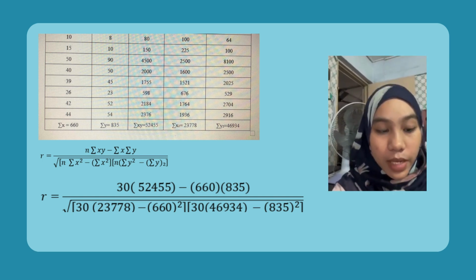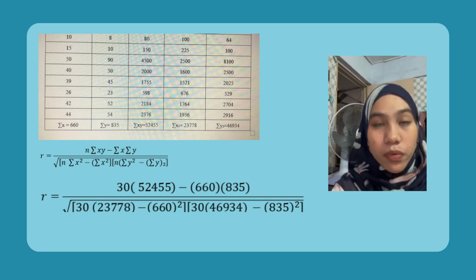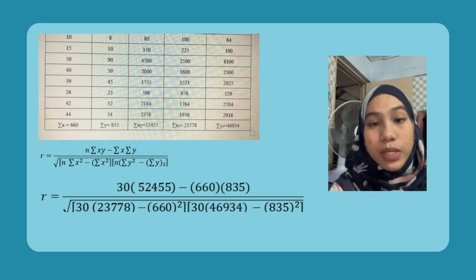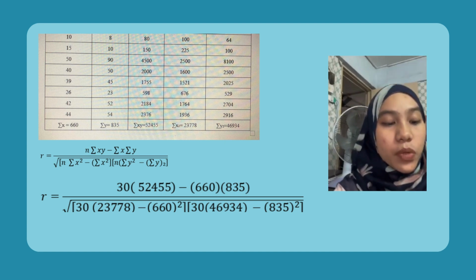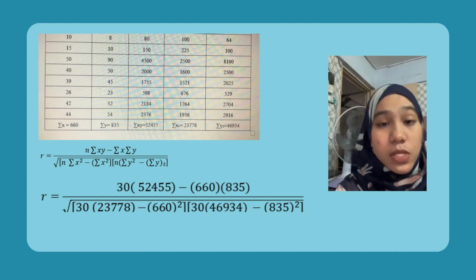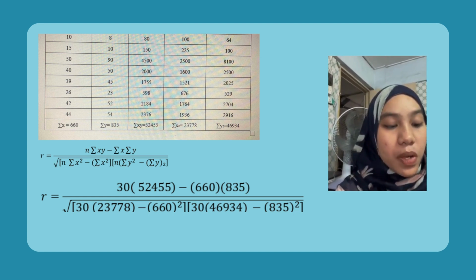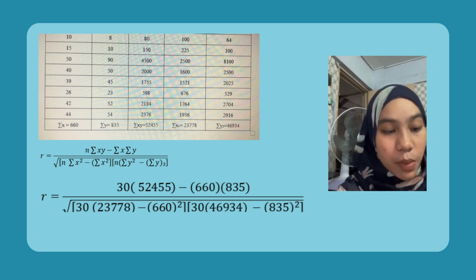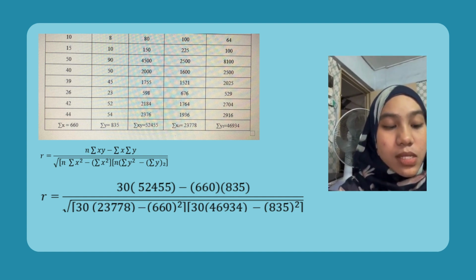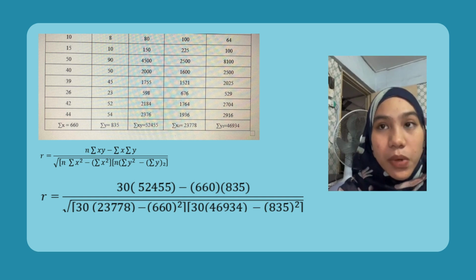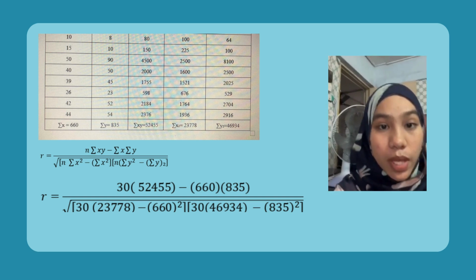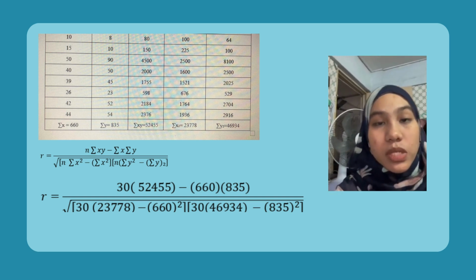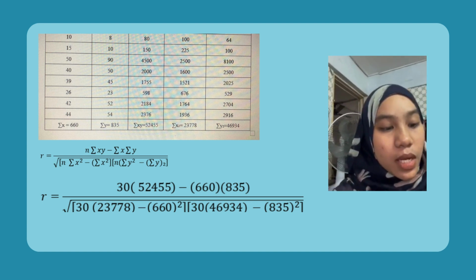Then divide by the square root of, first you must put the bracket and then put the amount of n, which is sample 13, and then parenthesis 23,778, and parenthesis again 616, and don't forget to put the power of 2.